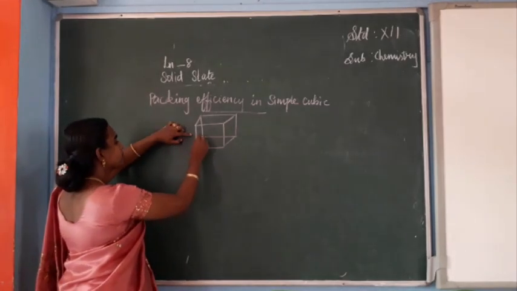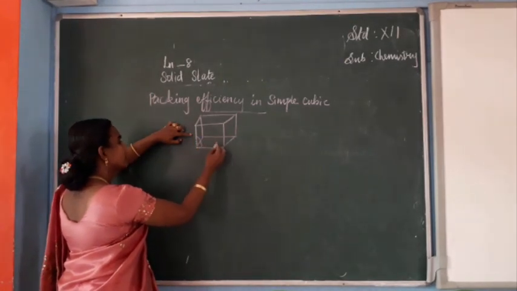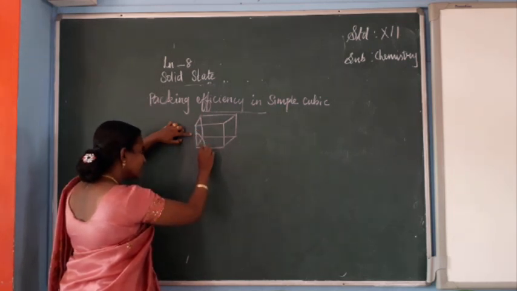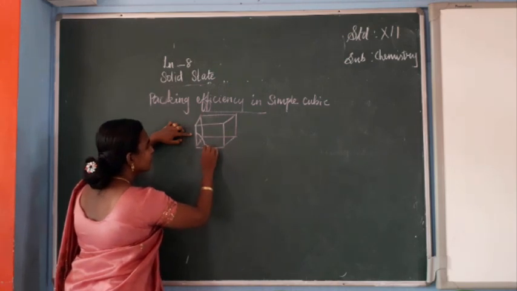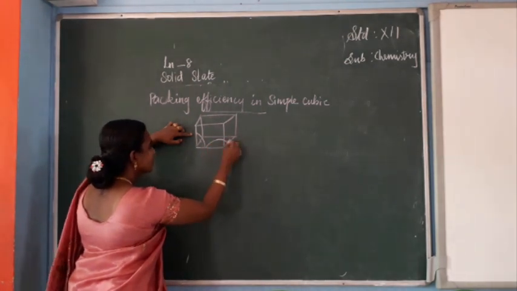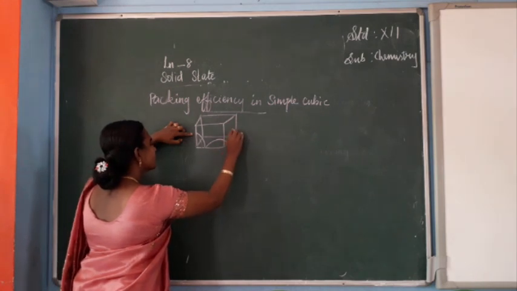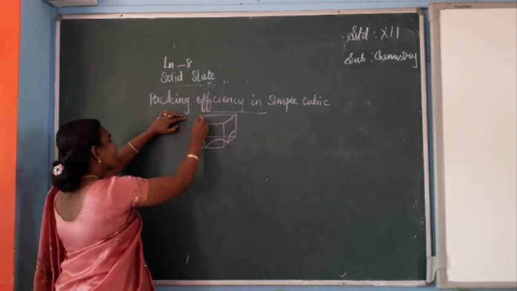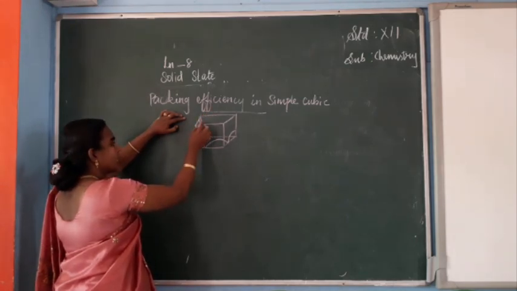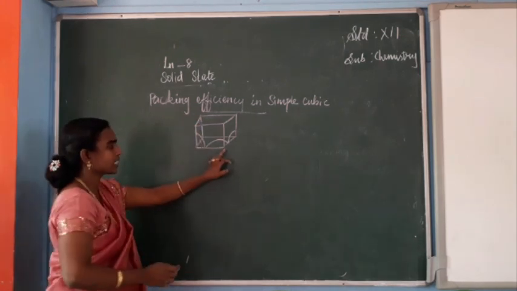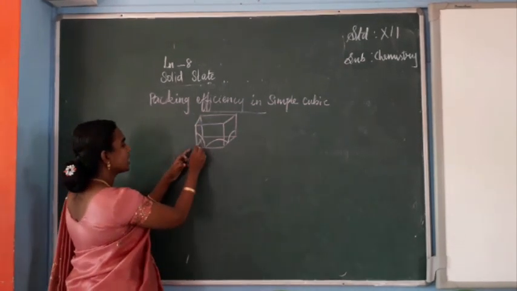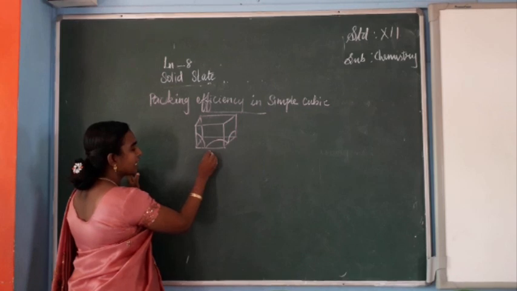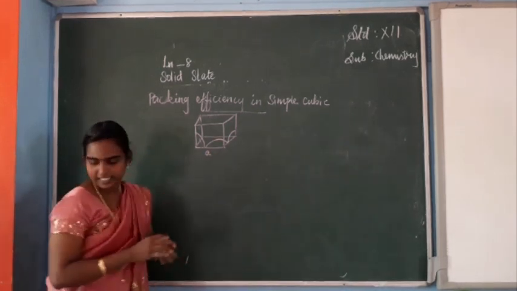Consider like this. Each corner atom we can draw like this. I am only going to draw it in this region. So in this region, from this distance to this distance, we call it A. That is the edge length, isn't it?